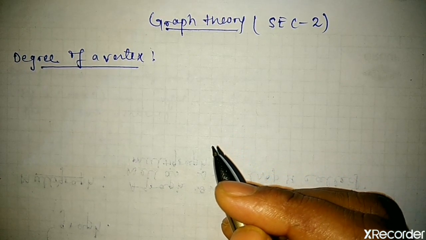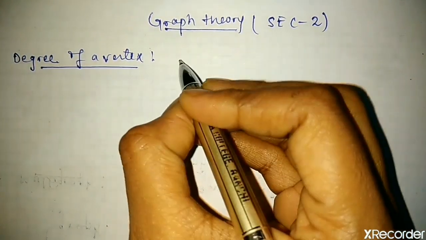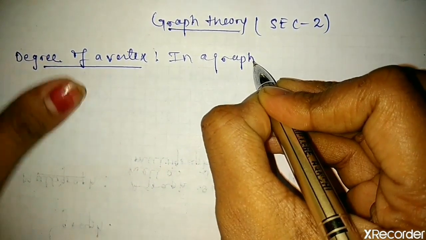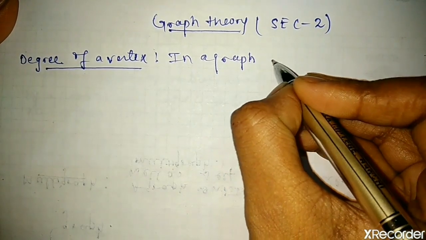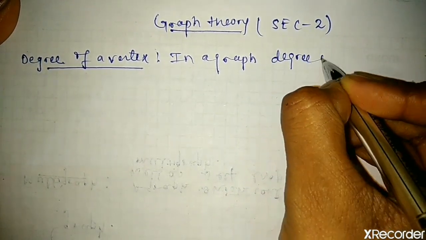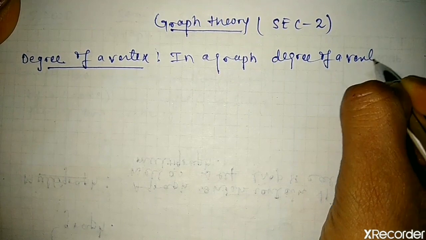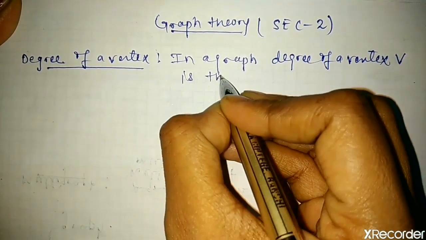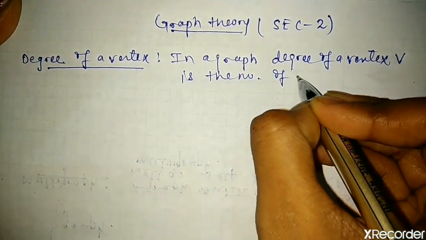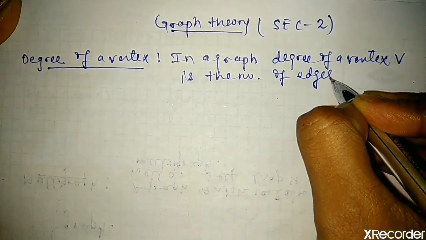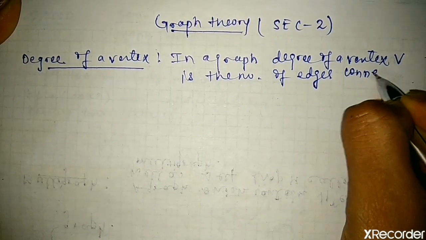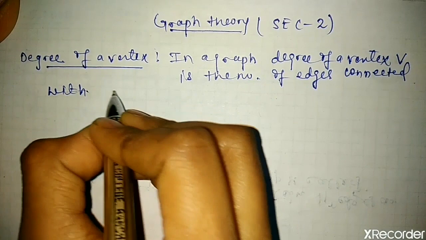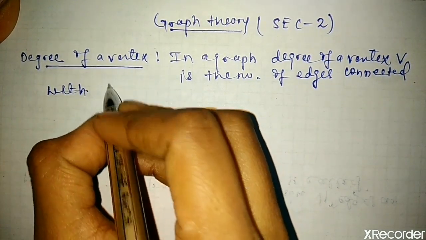In a graph, the degree of a vertex V is the number of edges connected with it.